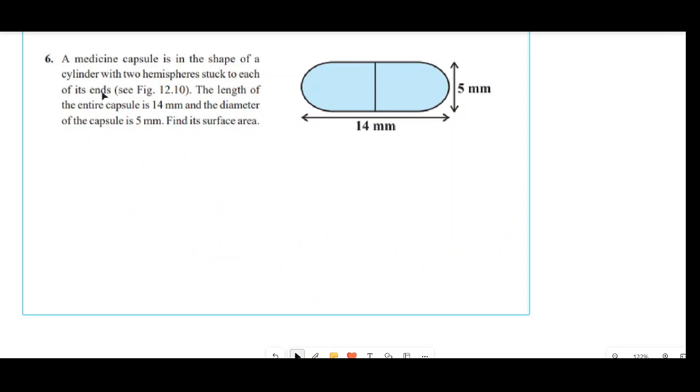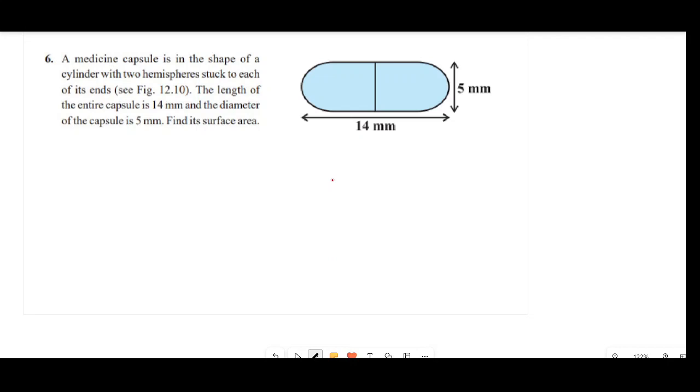Now move on to the next question. A medicine capsule is in the shape of a cylinder with two hemispheres stuck to each of its ends. Here first we should recognize this. This is one hemisphere, and this is the second hemisphere. Now the length of the entire capsule is 14 millimeter, and the diameter of the capsule is 5 millimeter.